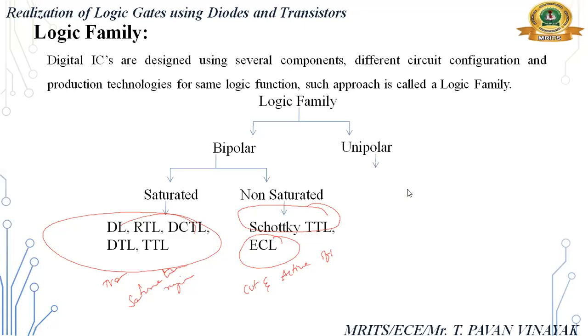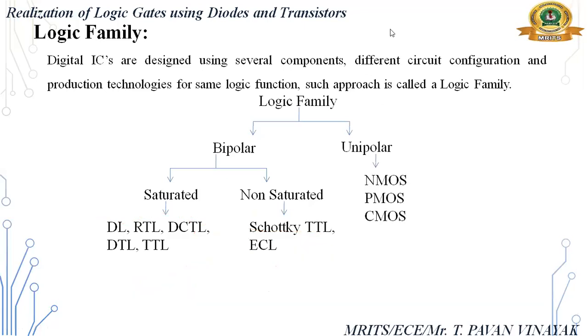Next, unipolar. In unipolar, we have three types: NMOS, PMOS, and CMOS. Out of these, ECL, TTL, DL, RTL, and CMOS are very, very important.